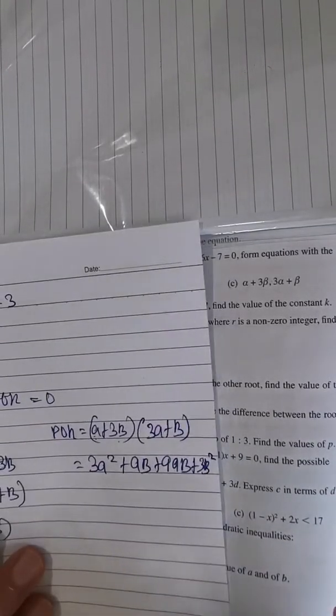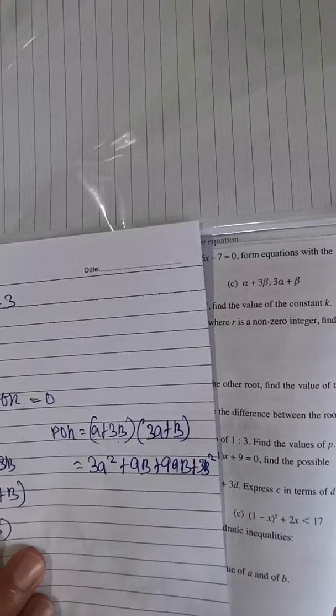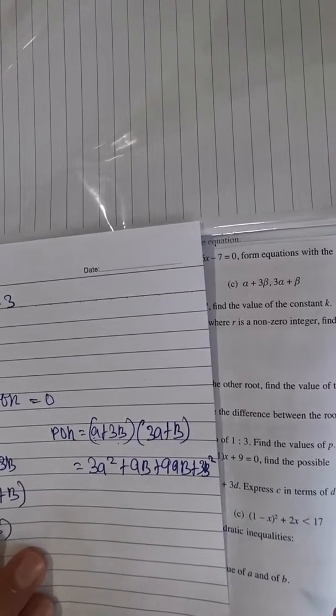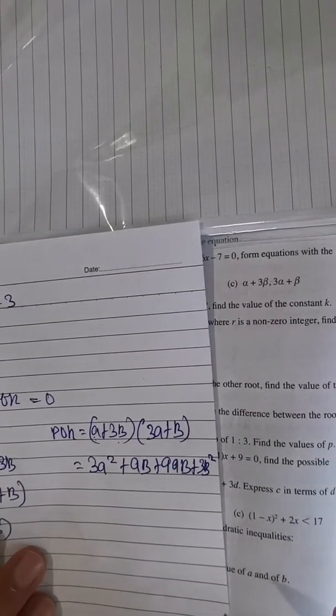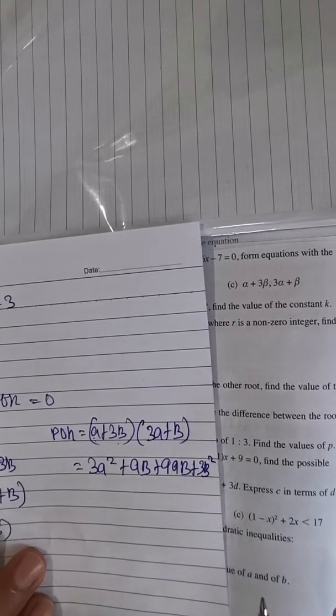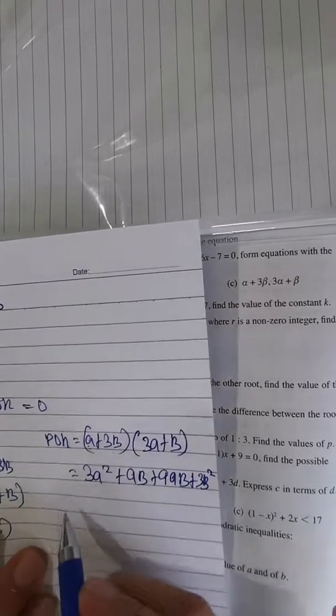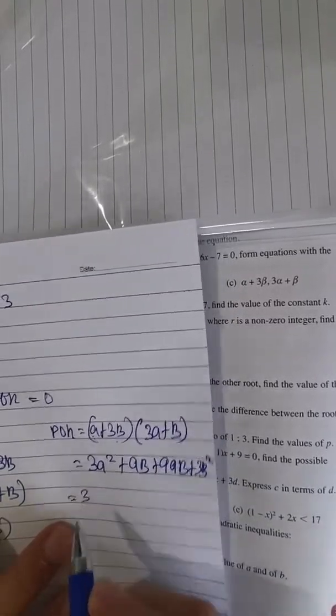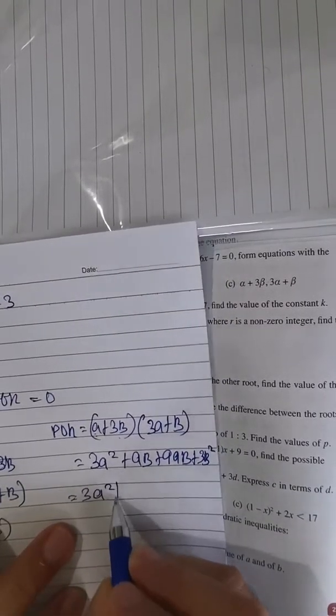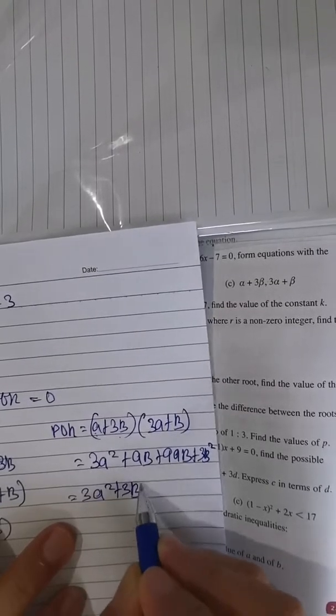How do we find this in terms of alpha plus beta or alpha beta? We combine 3 alpha squared and 3 beta squared, so 3 alpha squared plus 3 beta squared.